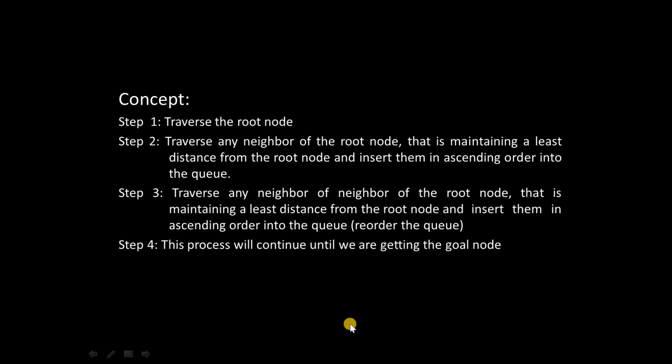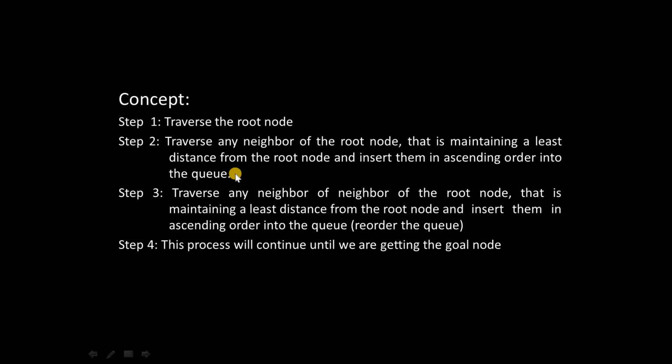This is what happens in the breadth first concept. But here the traversal occurs with respect to the cost. That's the only difference. So see step 2. Traverse any neighbor of the root node that maintains the least distance from the root node and insert them in ascending order into the queue.